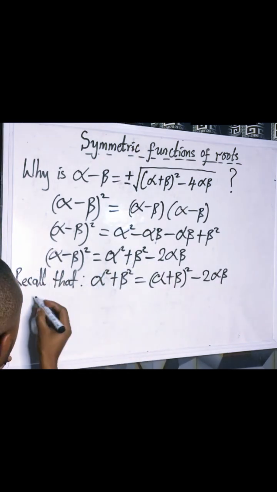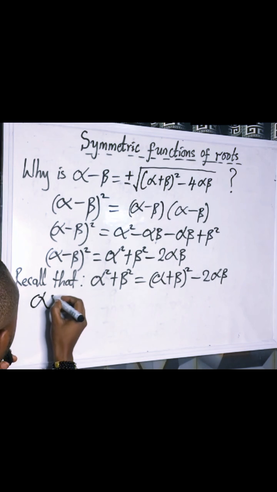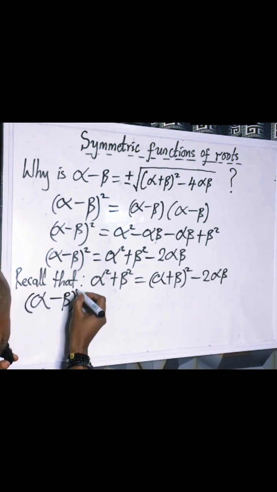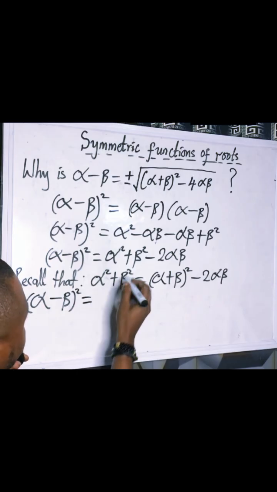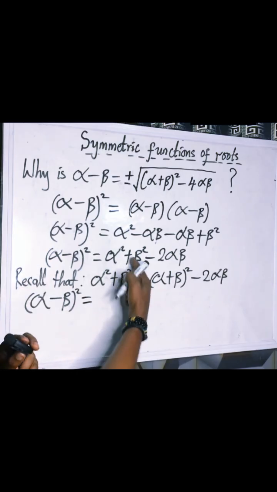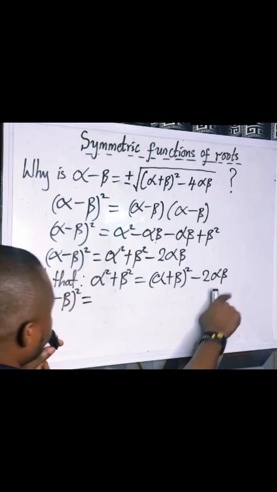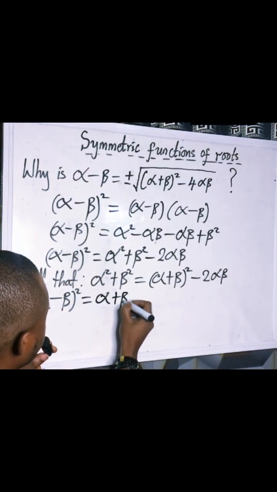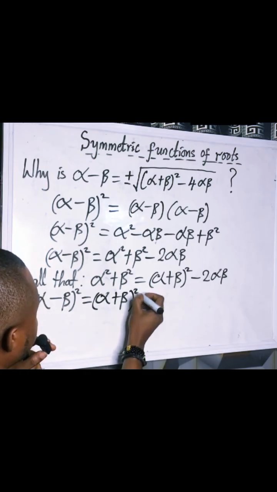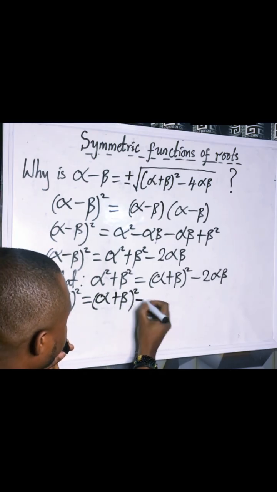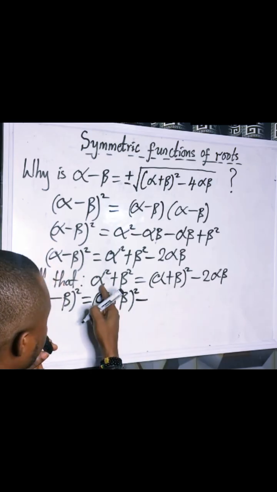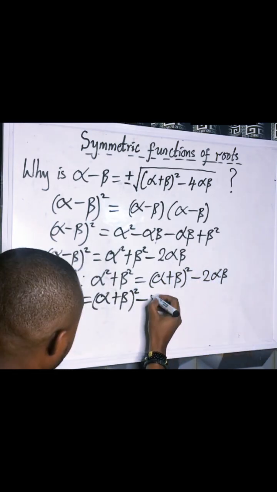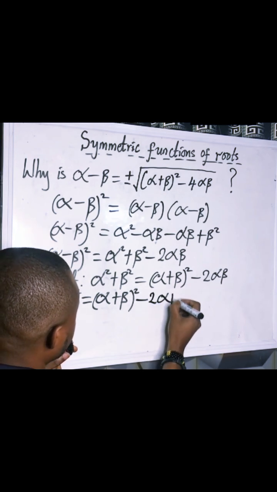What do we do right now? We can say alpha minus beta in a bracket being squared is going to be equal to, remember, alpha squared plus beta squared, which is this identity. This becomes alpha plus beta in a bracket being squared, minus 2 alpha beta, and we continue with the other minus 2 alpha beta.